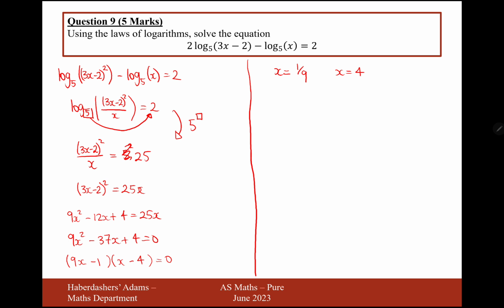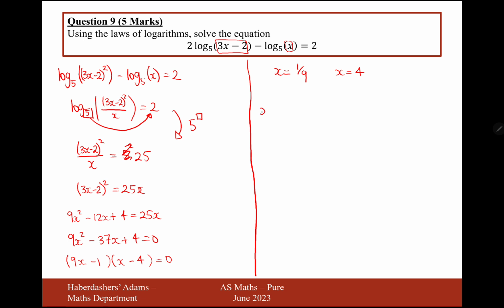Is that right? Now we have to double check some of these values sometimes, because we can never have a log of a negative term. So we have to check in our equation whether both of these will give us negative numbers when we substitute them into the question, because you can't have log of a negative number.